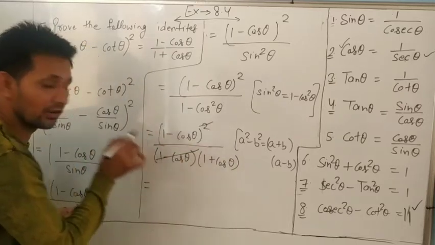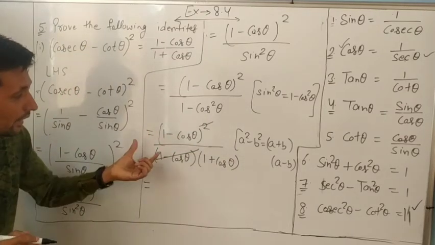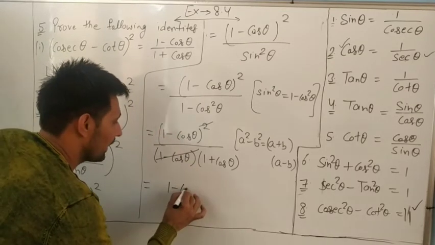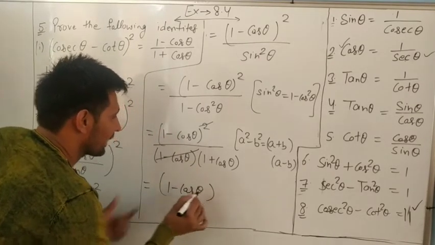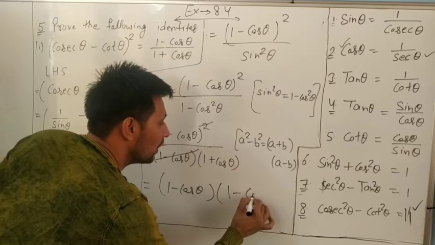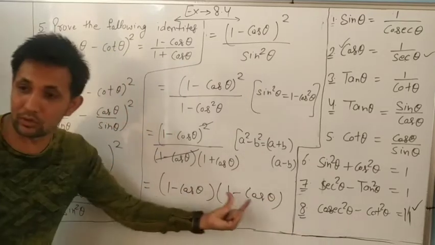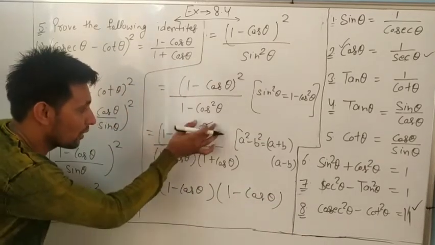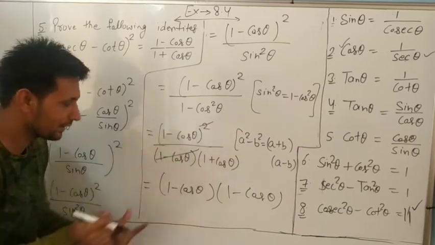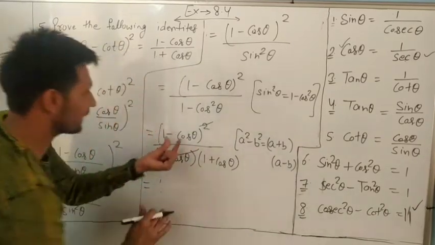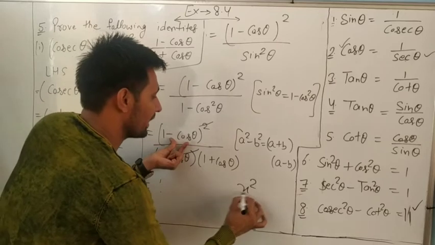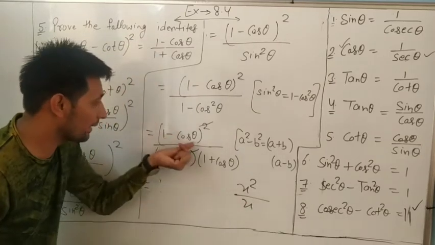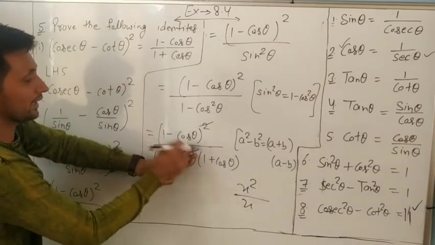Will it cancel or not? Yes. Why? Because (1 minus cos theta) square, what can we write? (1 minus cos theta) into (1 minus cos theta), 2 times, or not? And the 1 minus cos factors are both equal, so we can cut, so only one remains. Like this one, dear, it is x square divided by x. Don't cut the 1 in 1 plus cos, or cancel 1 on cos.